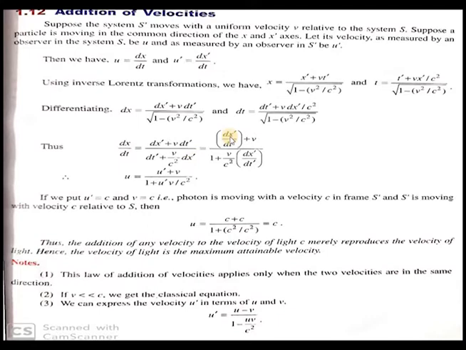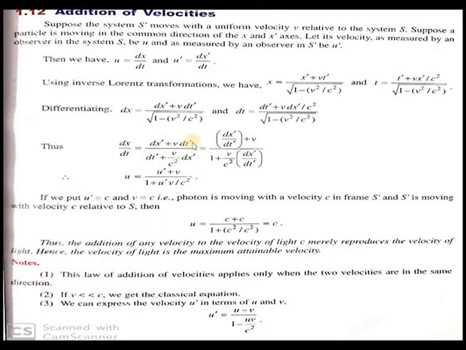And what we will be getting is dx prime by dt prime plus v divided by 1 plus v by c square into dx prime by dt prime. What you are doing here is dividing dx by dt, and you will have many dt prime terms.